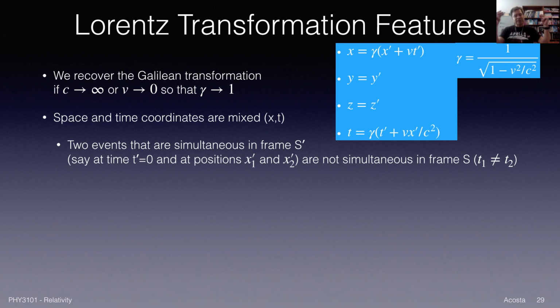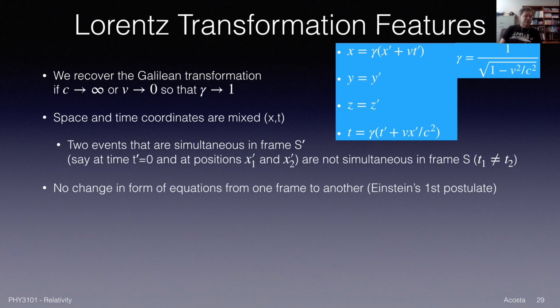So it may have looked simultaneous in one frame, but in another it'll be two different times, just because of this mixing up of the spatial positions and time coordinates. So simultaneity is not invariant. It's only in one specific frame.